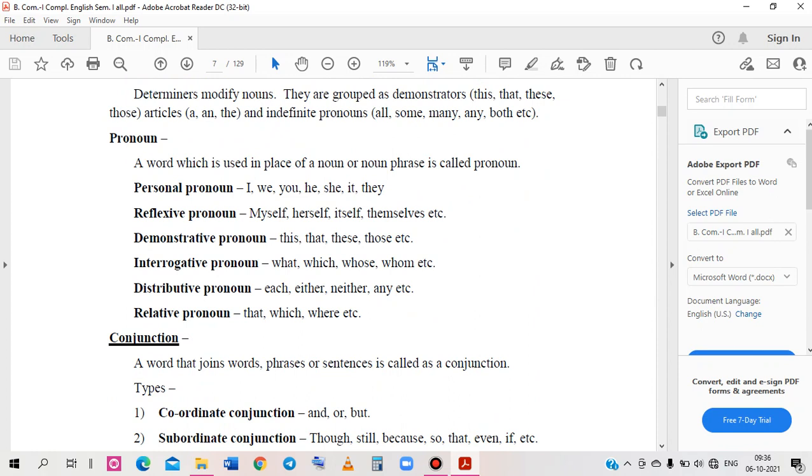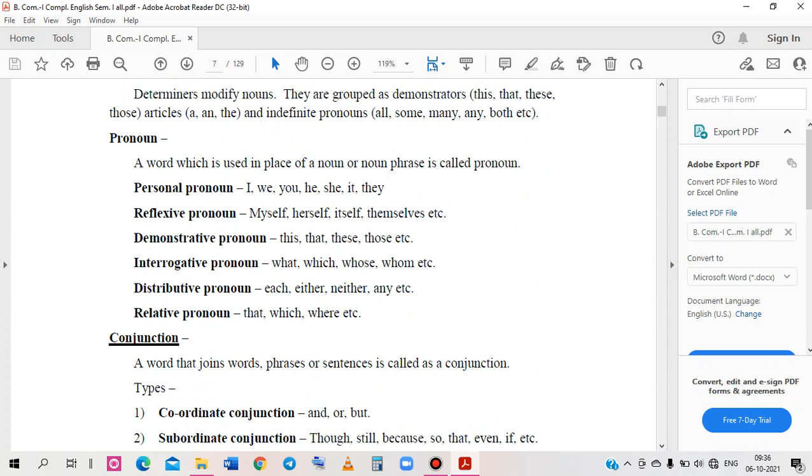Then interrogative pronouns: what, which, whose, whom. Then distributive pronouns: each, either, neither, any, etc. Relative pronouns: that, which, where. So these are the types of pronoun.